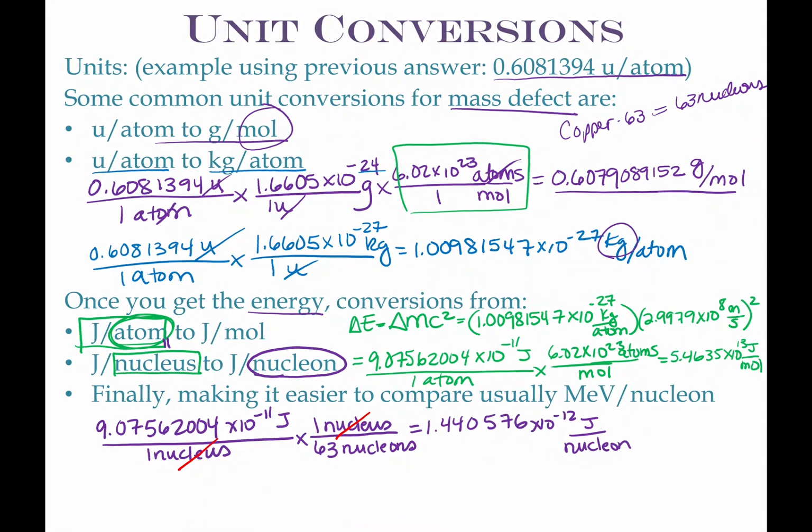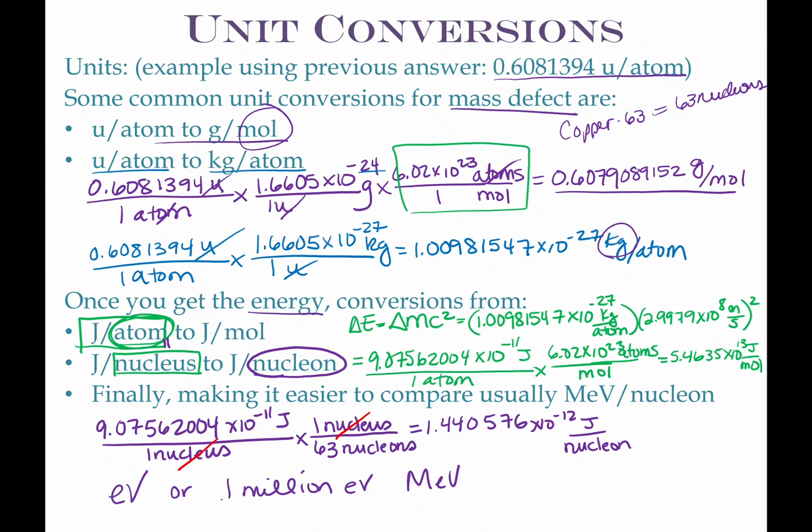But why we're talking about nuclear chemistry is we're talking about the large energy changes that we see. So in order to make it easier, usually we compare using electron volts. Electron volts is eV, or 1 million electron volts, MeV.